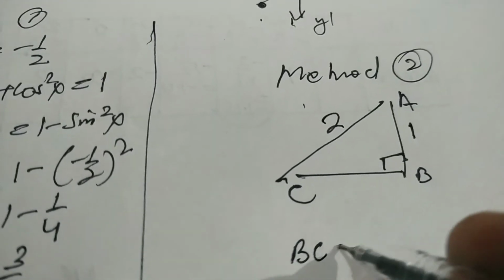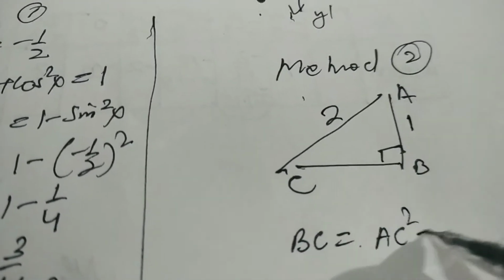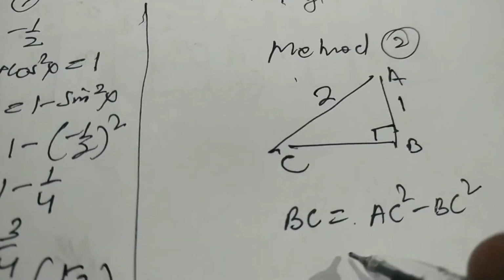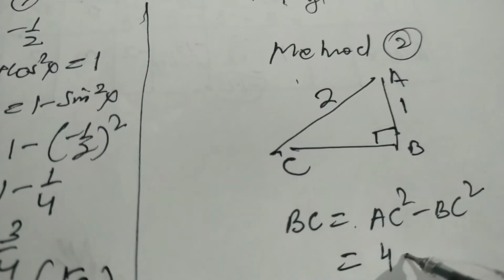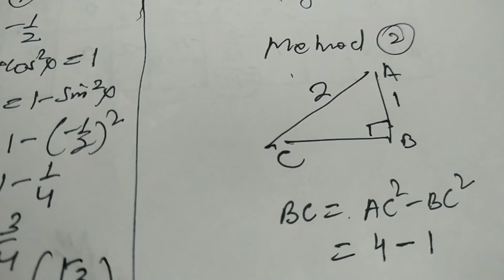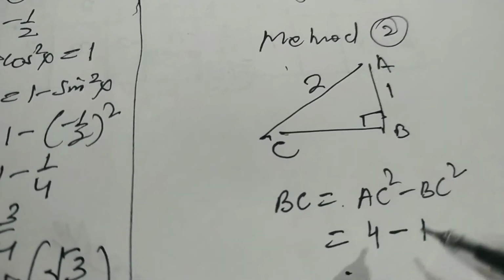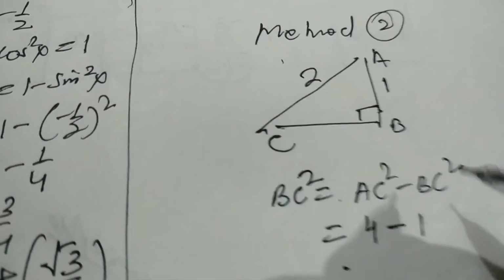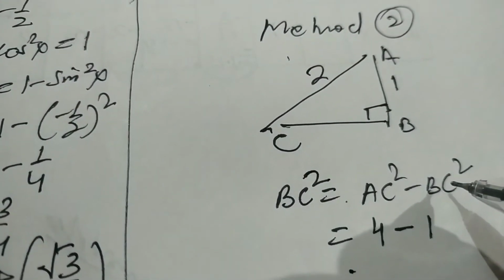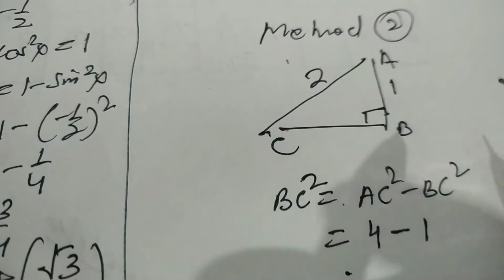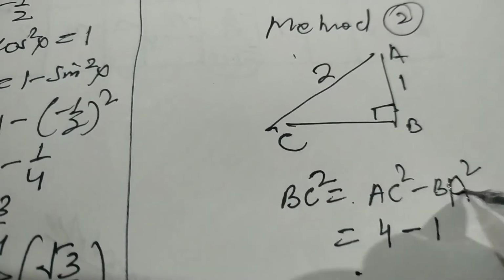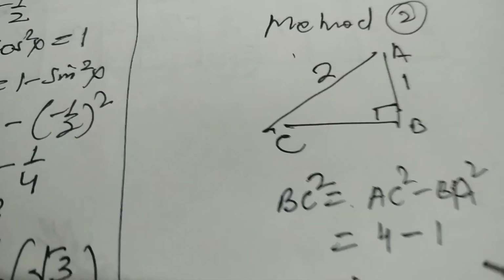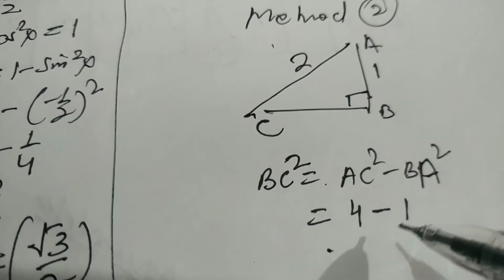Now we need BC. BC square is equal to AC square minus AB square. AC square is 4 and AB square is 1 square, 1. I'm sorry, we write it as AB square.